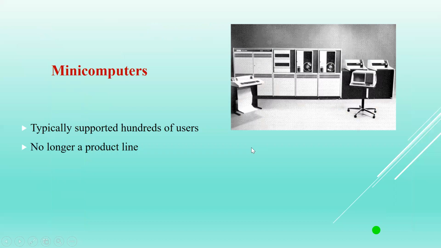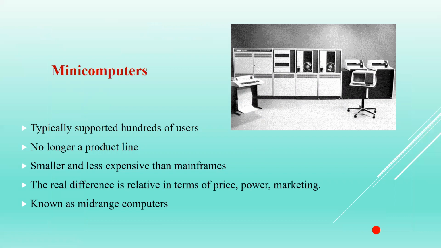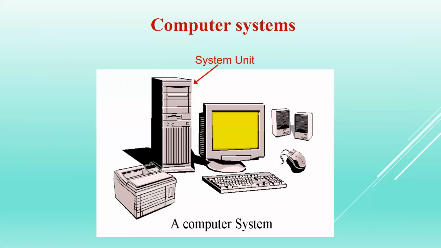Minicomputers typically supported hundreds of users. It's no longer a product line. And minicomputers are smaller and less expensive than mainframes. The real difference is relative in terms of price, power and marketing, and they are known as mid-range computers.